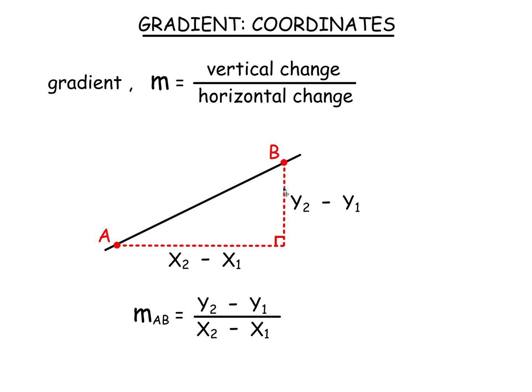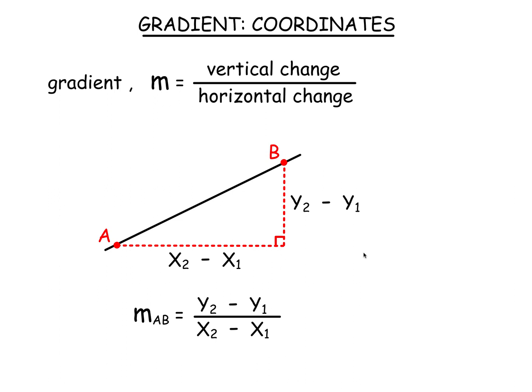So here, it's the y coordinate of B minus the y coordinate of A. And here, the x coordinate of B minus the x coordinate of A. So it's B minus A for the y coordinates and B minus A for the x coordinates. So this reads: gradient M of the line AB is given as y2 minus y1 over x2 minus x1. The y coordinate difference over the x coordinate difference.